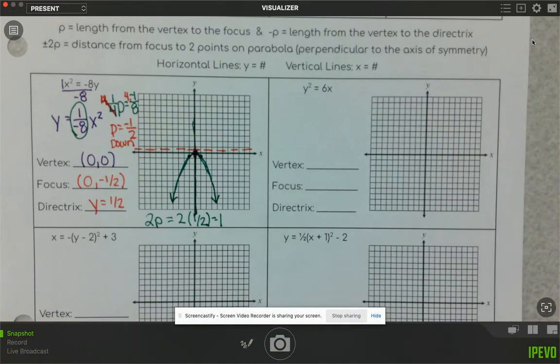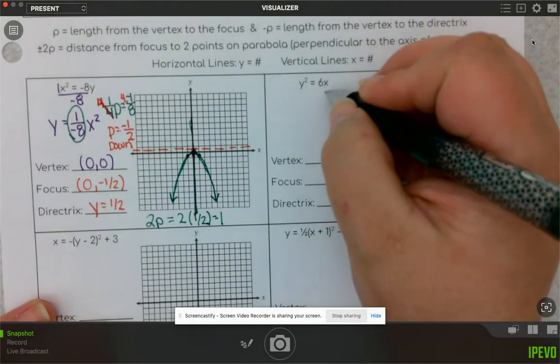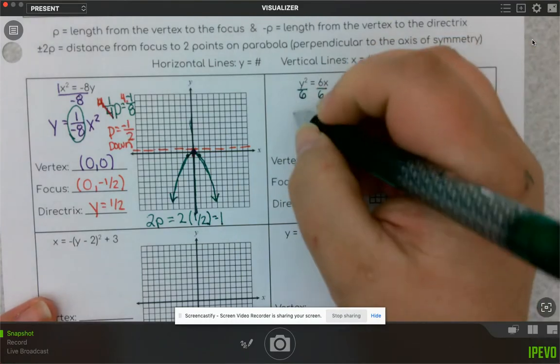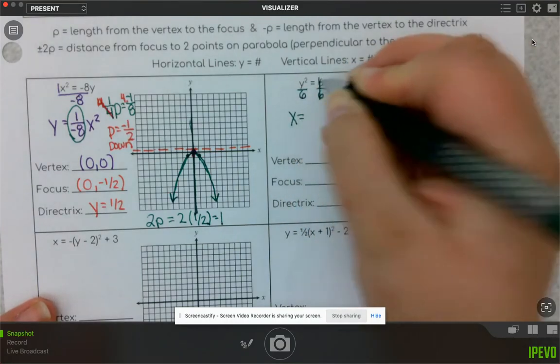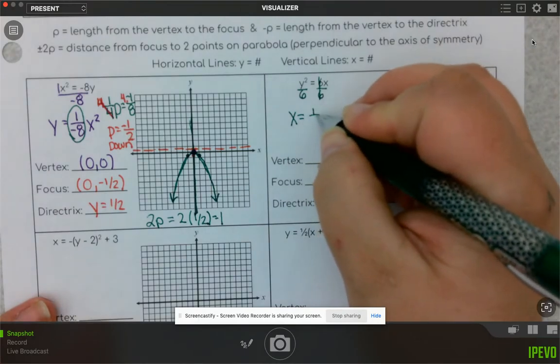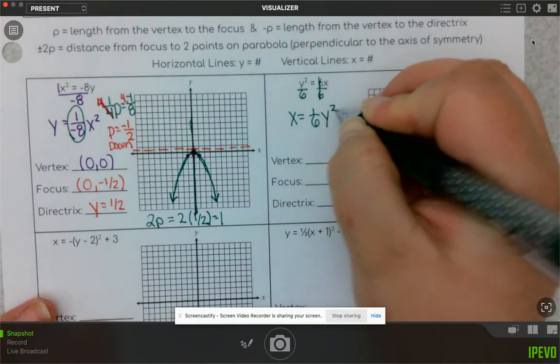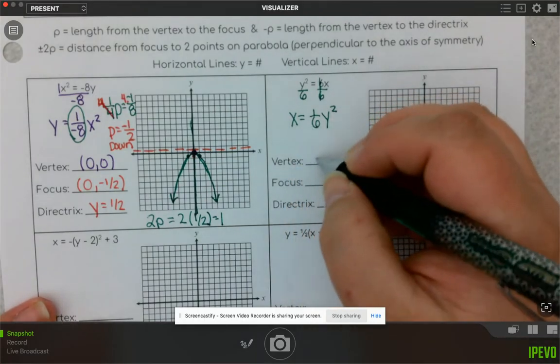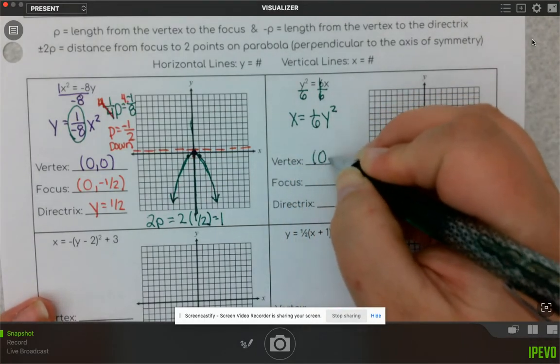Okay. Now let's talk about the next one. I'm going to divide by 6 on both sides so that x is all by itself, and it's going to equal 1/6 y squared. There are no parentheses on this one. There's no extra numbers there, so my vertex is 0, 0 again.